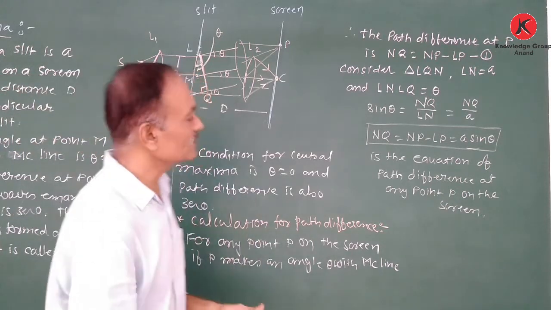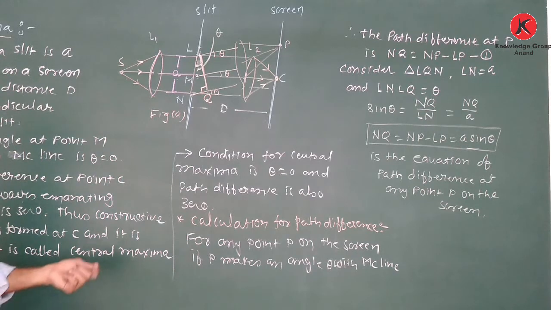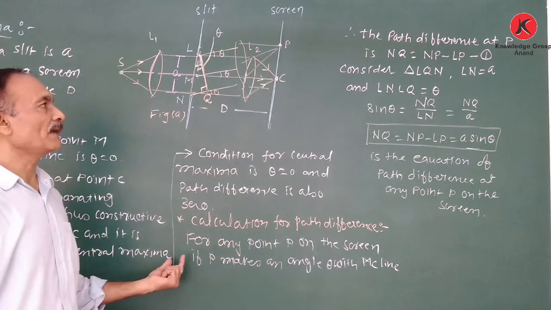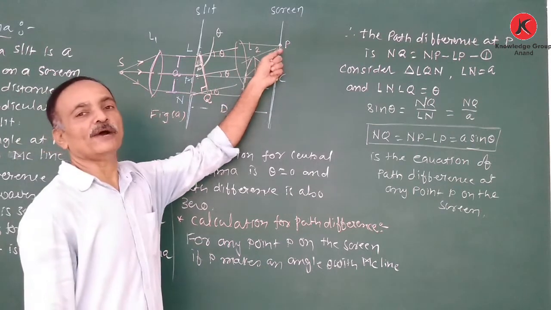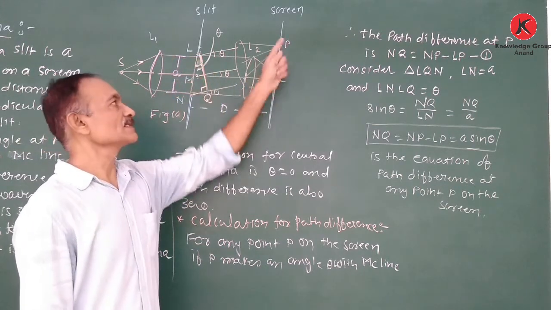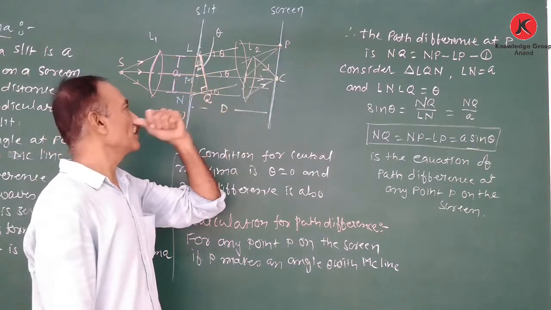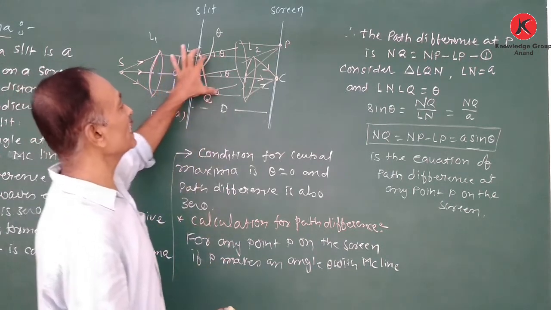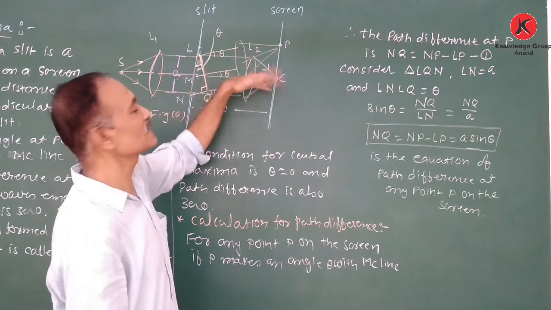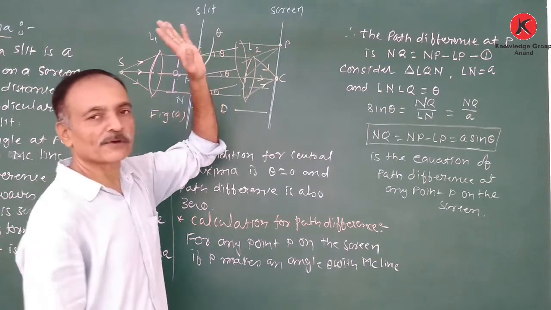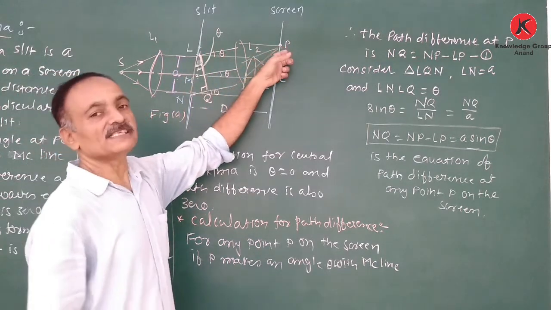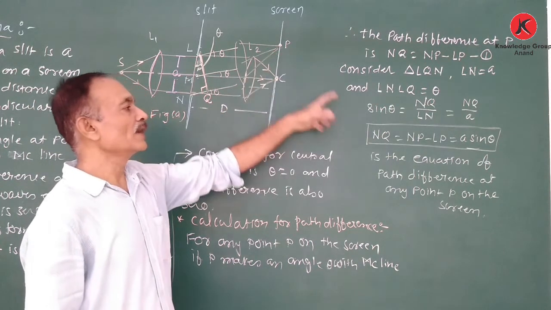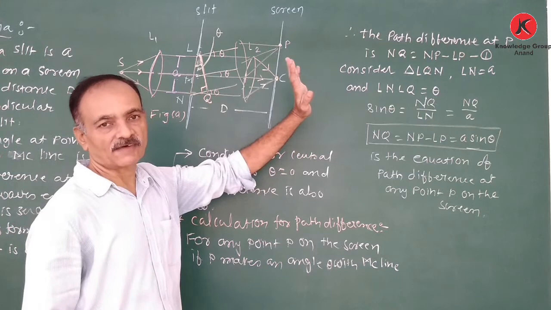We discussed the central maximum and also obtained the equation for the path difference. For the path difference, we consider any point P on the screen. Therefore, the waves emanating in the direction making an angle theta with the MC line arrive at point P. To determine which step of the interference takes place, the knowledge of the path difference is required.